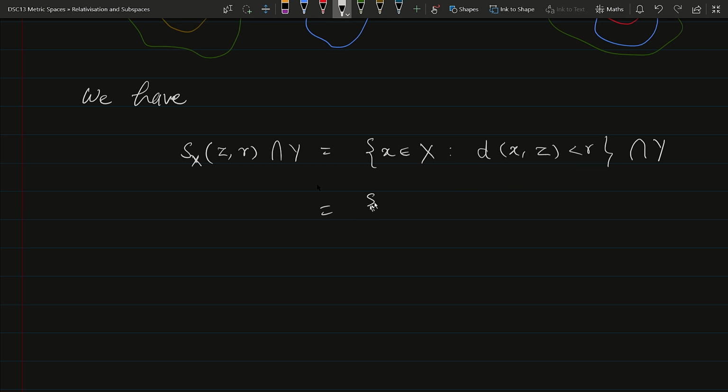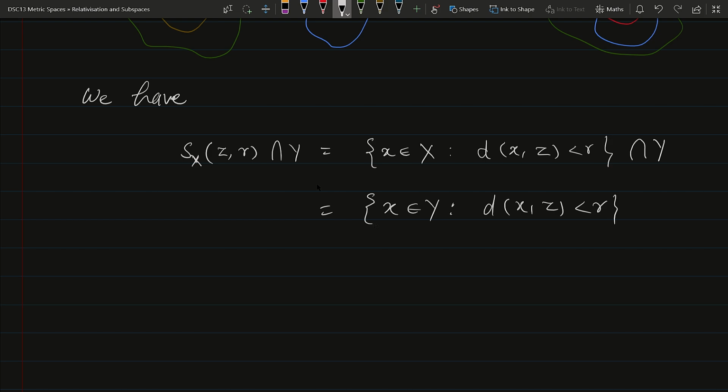Okay, so this is exactly equal to collecting elements x from y because we require the intersection. So the elements that belong to x will be the ones that belong to y. So in place of x you can use y such that we have that d of x, z is less than r.